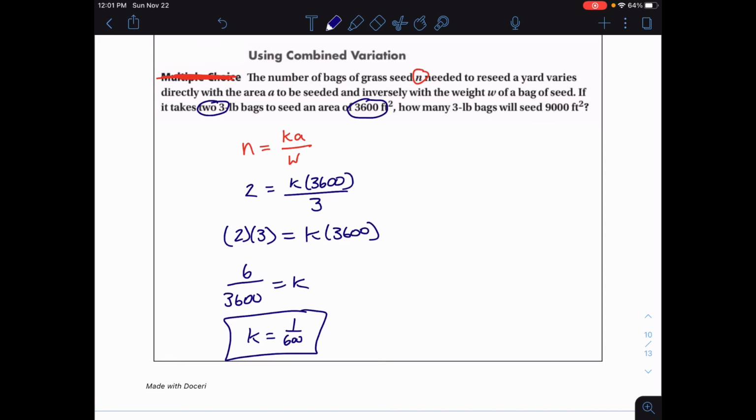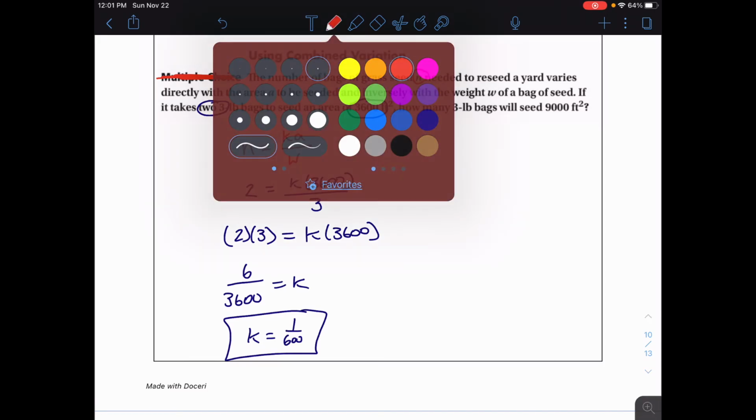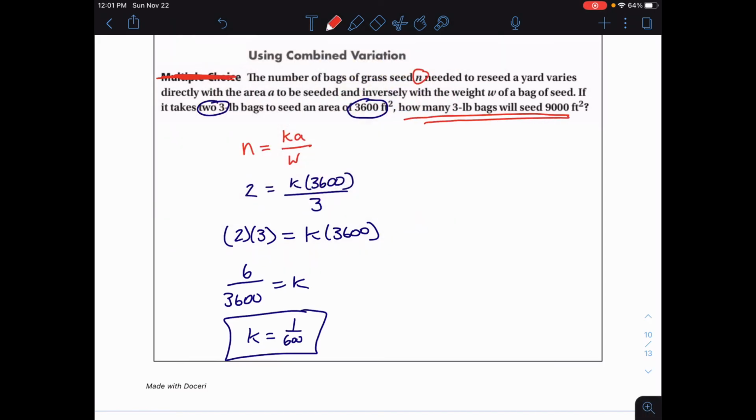And so we're going to take k, and then we're going to answer the last part of this problem. It says, how many 3-pound bags of seed will be needed for 9,000 square feet in area? So to solve this part, we're going to go back to our original expression. We need to know how many bags we need, so that's what we're looking for, n again. But this time we know our k is 1/600th, and then the area in this case is 9,000, and then the weight is still 3.